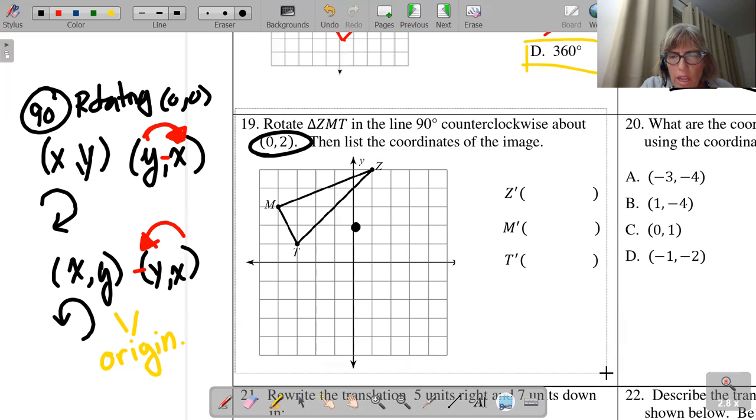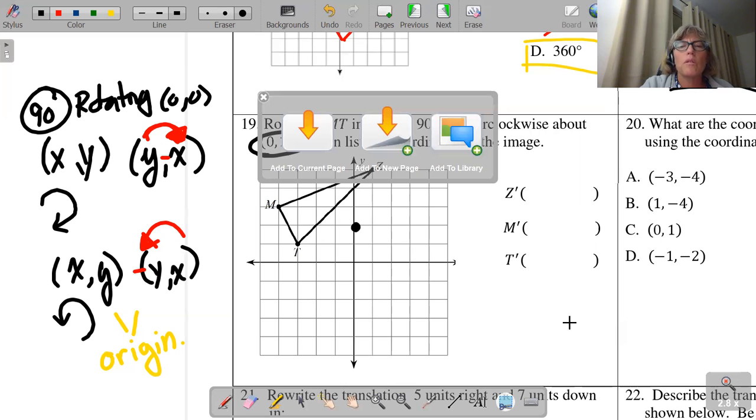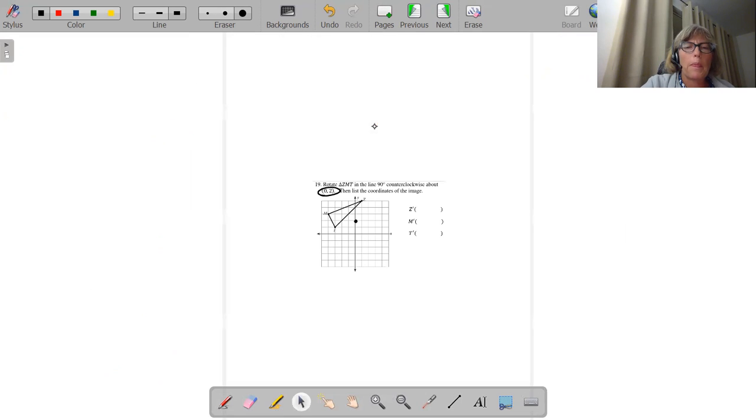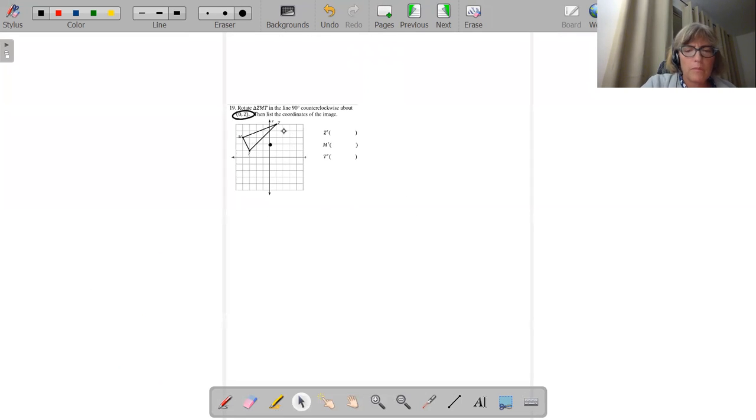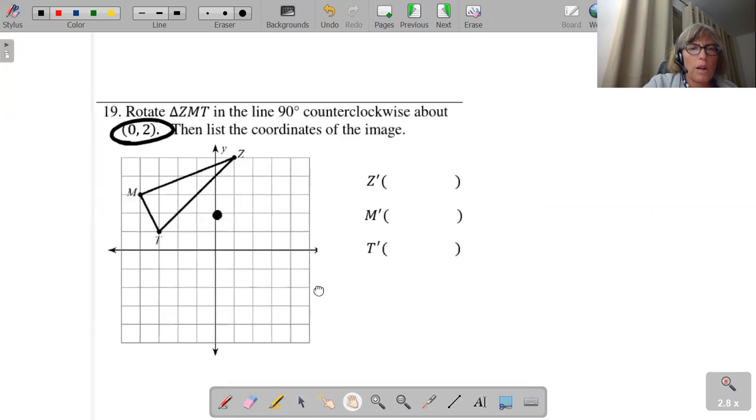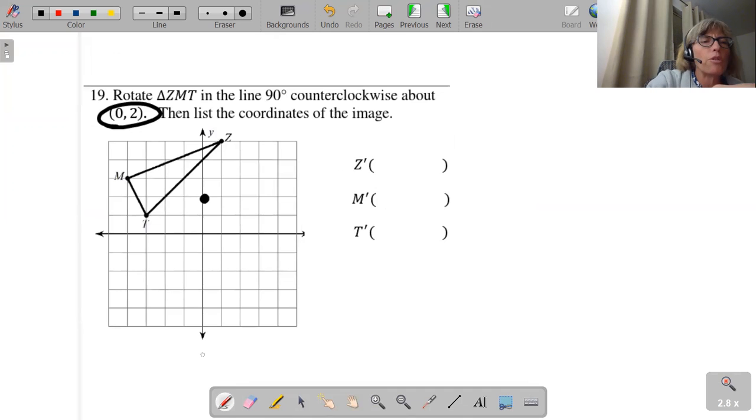Let me just go ahead. I need some space here. Alrighty. So step 1, we're going to get our 3 points. And right here are Z. Notice that's Z, M, and T prime.